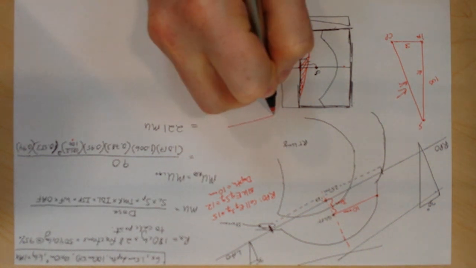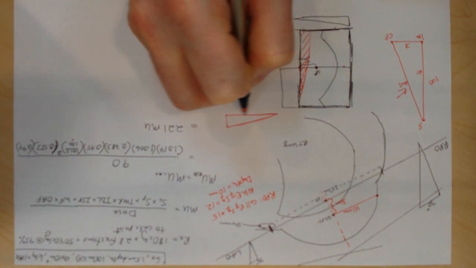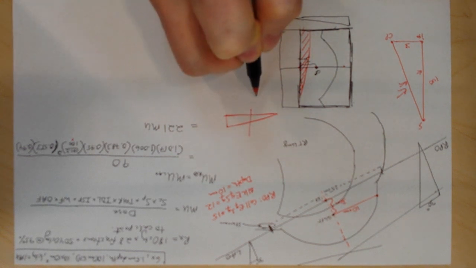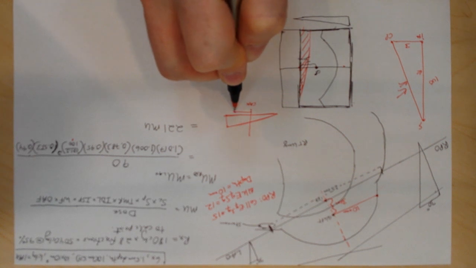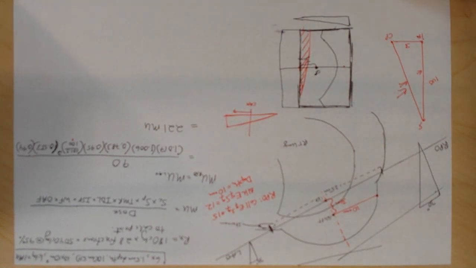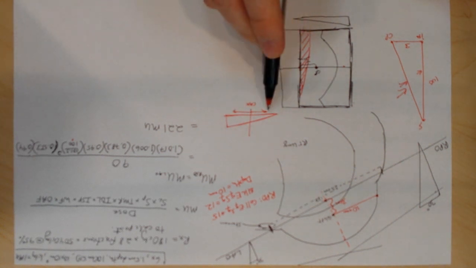So, if I have a 30 degree wedge, this is central axis. If my calc point is this way, you use the 30 degree thick. If my calc point is this way, you use the 30 degree thin.